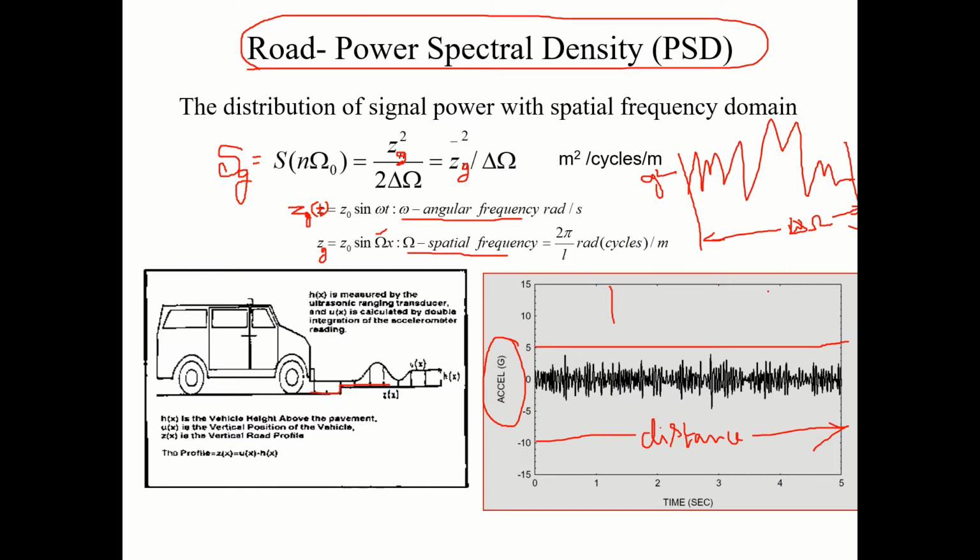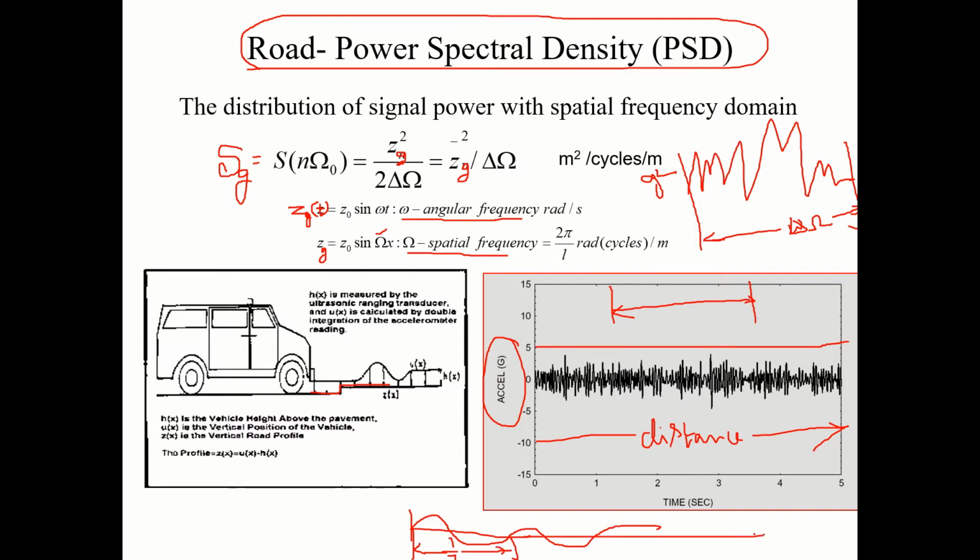In a given length, when we have a sinusoidal wave like this, we get a time period, and 1 by time period we write as frequency, correct?